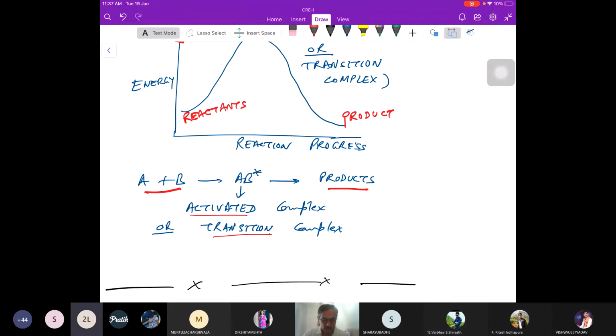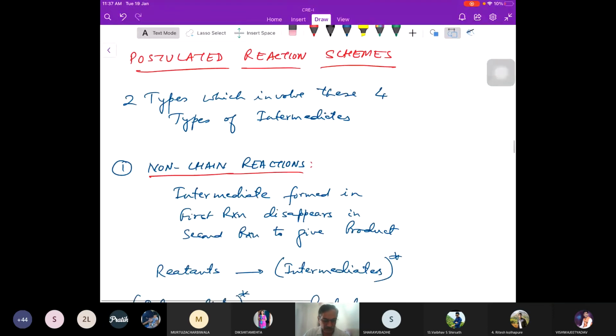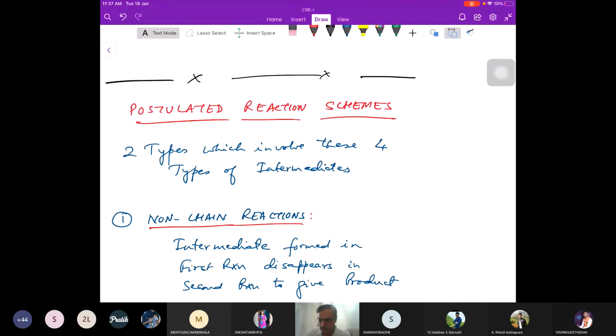Yes, sir. Yes, sir. पढ़ा है ना? ठीक है. So let's move up to next step in the mechanism development. Once we know the reaction, what we call intermediates, क्या होता है, then we can postulate or hypothesize a reaction scheme, right? So there are two types of hypothesis.